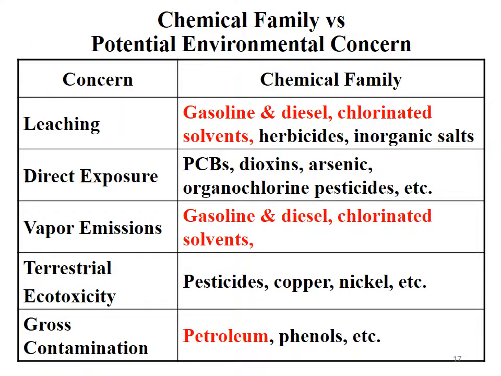One last comment about environmental hazards. As I mentioned, some hazards are unique to certain types or families of chemicals, and others have multiple environmental concerns. In some of our most common contaminants like arsenic, organochlorine pesticides, dioxins, PCBs, direct exposure concerns generally drive the environmental concerns and therefore the decisions on the site.